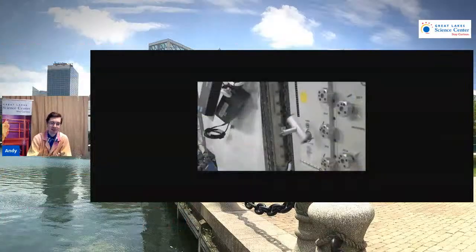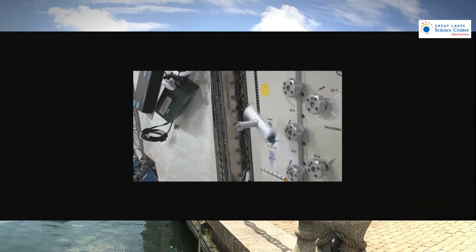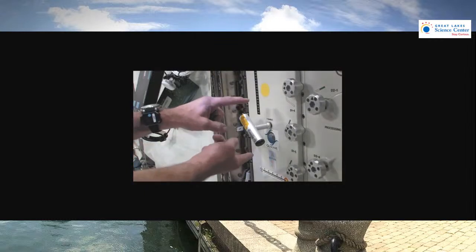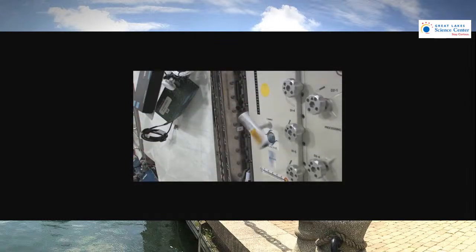I have a GIF here, a video without sound, and I'll show you that right here. This is a handle spinning in space, and it'll repeat. So an astronaut comes in, hits the handle, spins it, and the handle starts moving in a very weird way.